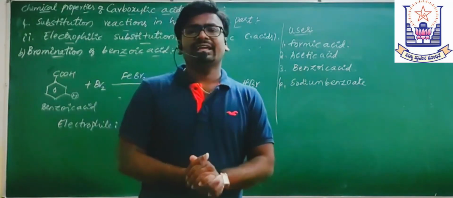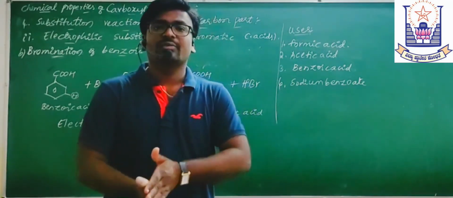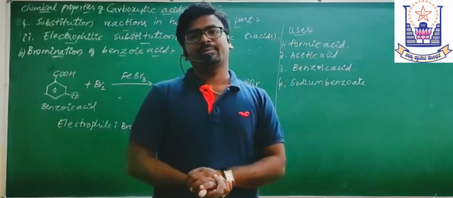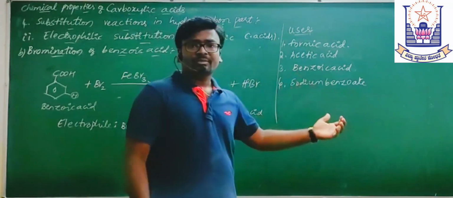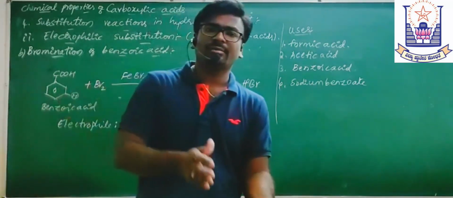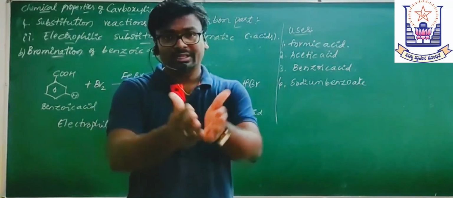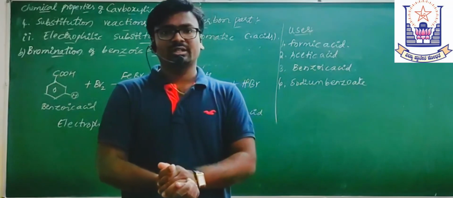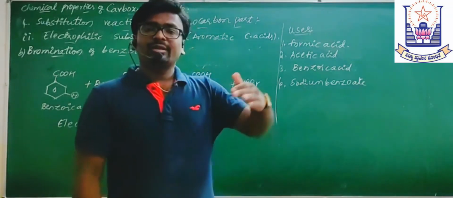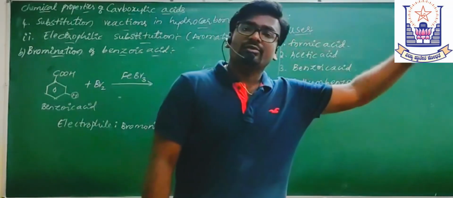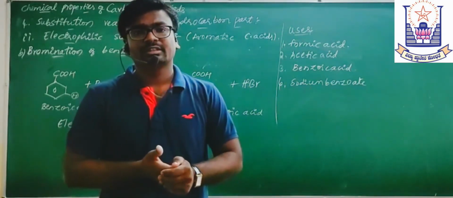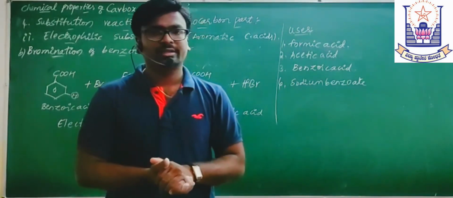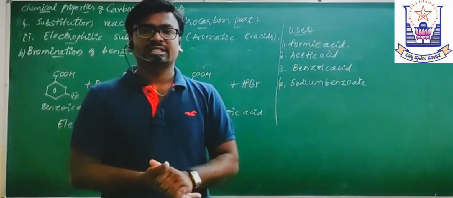And this formic acid, when reduced, will give methyl alcohol. The formic acid can be converted into formaldehyde. Formaldehyde has many uses, you know that already. Formic acid can be converted into the corresponding alcohol, that is methyl alcohol. It is also called wood spirit. It has many uses again.